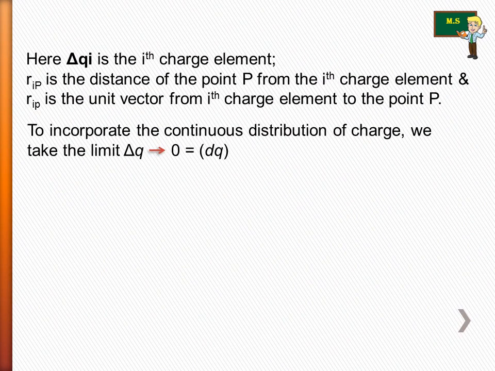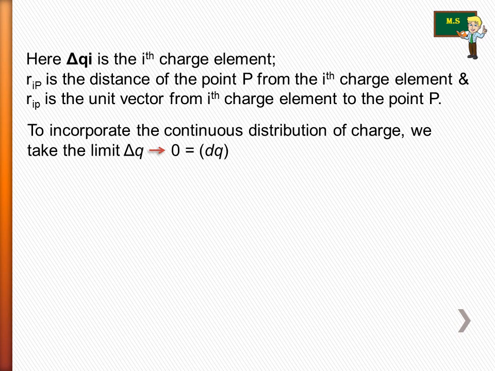Here del Qi is the ith charge element, RiP is the distance of the point P from the ith charge element, and RiP cap is the unit vector from the ith charge element to the point P.